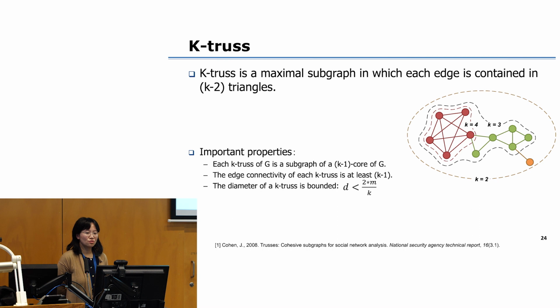So K-truss also has some very good properties, like polynomial time computation. Similarly, we remove the edges that do not satisfy the strength constraint. And also, with K-truss we can decompose the graph and form a hierarchical decomposition of the graph.